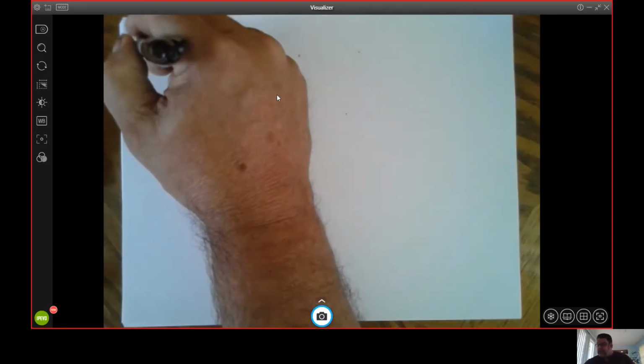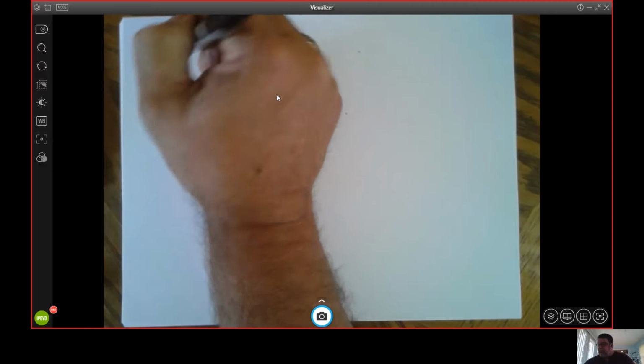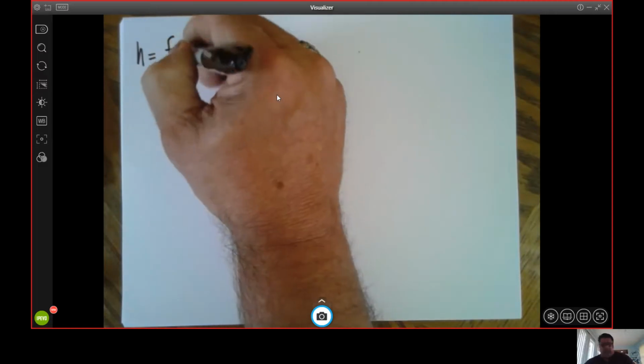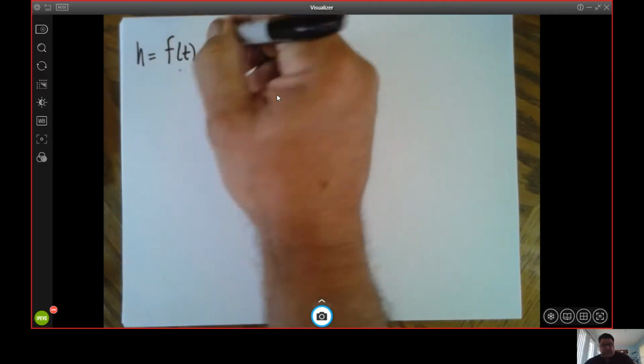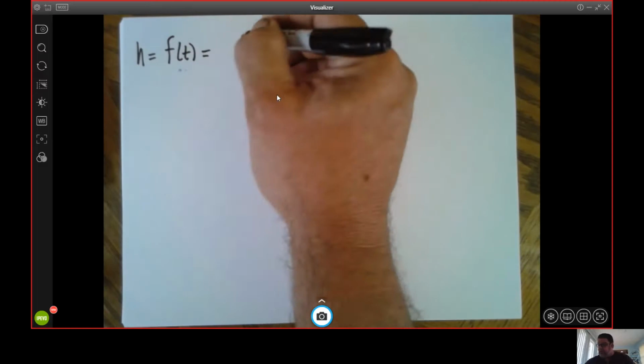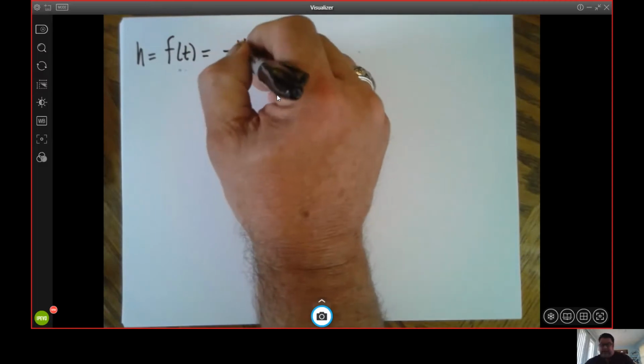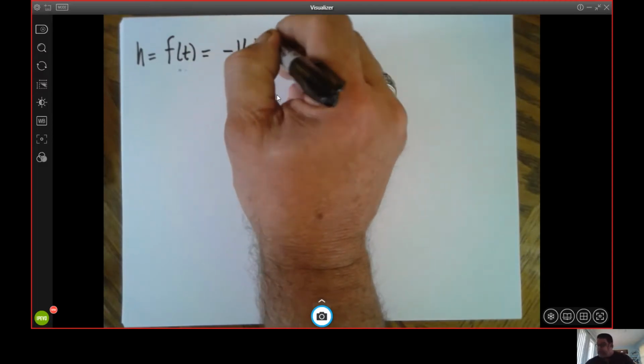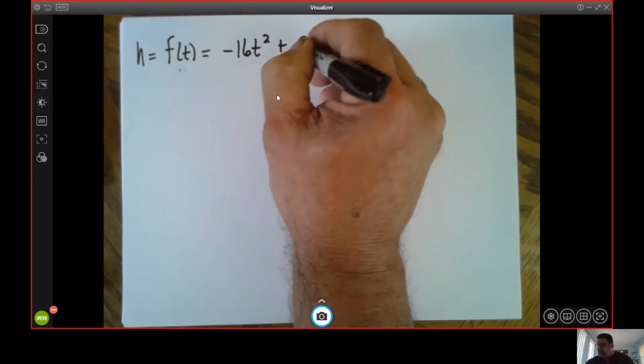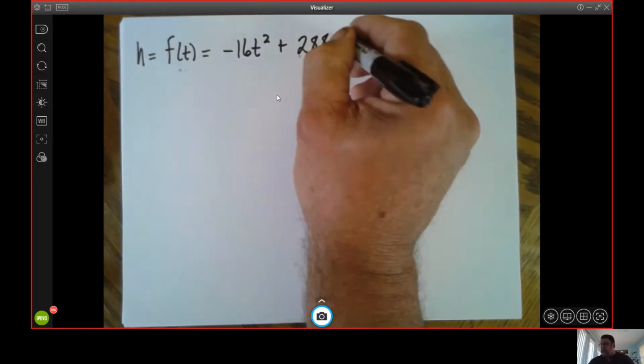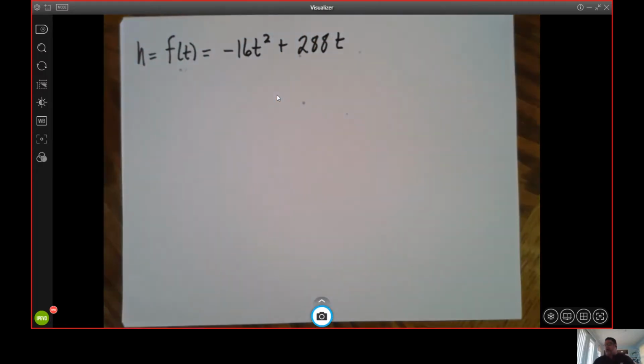So H is equal to f of t equals, and I'm going to turn it around, negative 16t squared plus 288t. This looks like the throwing of a ball, because negative 16t squared usually means throwing a ball up in the air. It's going to form a parabola, and we're going to graph it.